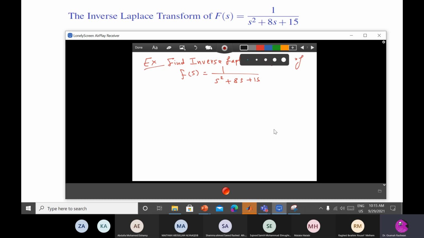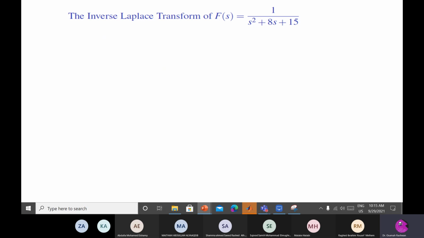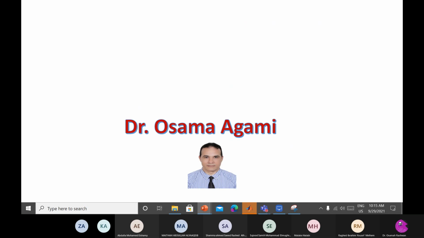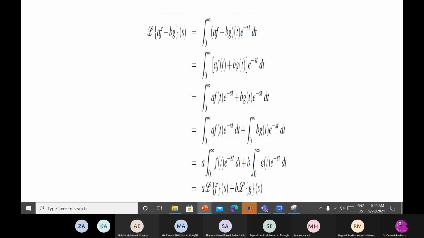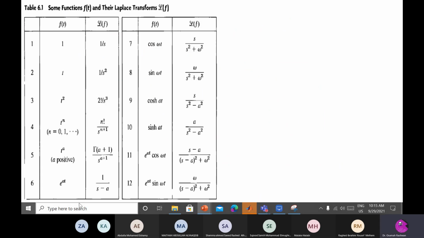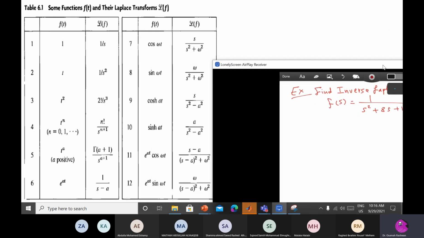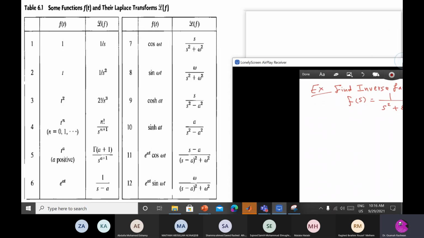Of course, you will say, I will go back to the table. Do I have this one in the table or not? Do I have 1 over s squared plus 8s plus 15?